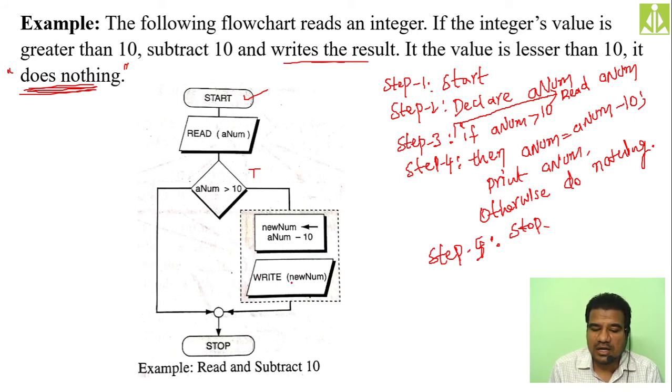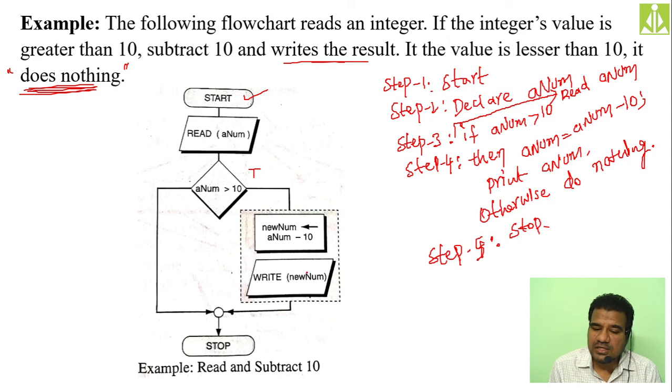Write new num. Over here we said new num, or you can even keep a num over here. So another variable we have taken, and that variable we are printing. And when we are performing the write operation, again how we are doing? With the help of parallelogram only, because the output operation we need to perform with the help of parallelogram.